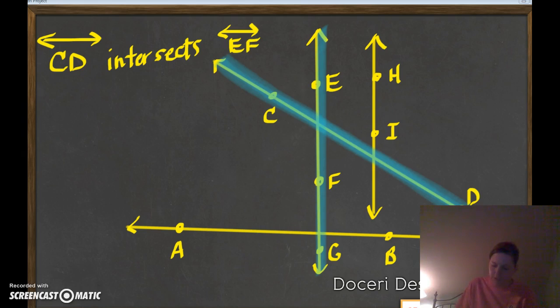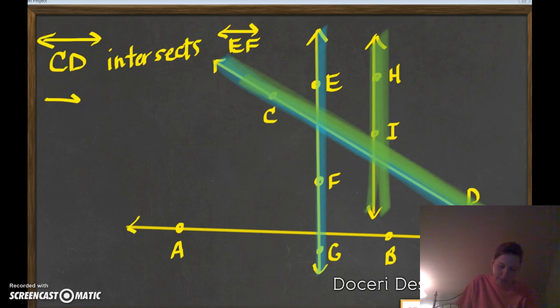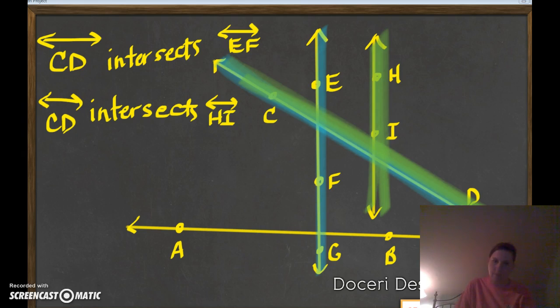But hopefully you also notice that line CD also intersects line HI. So you could also say line CD intersects line HI. So those are our two examples in this diagram of intersecting lines.